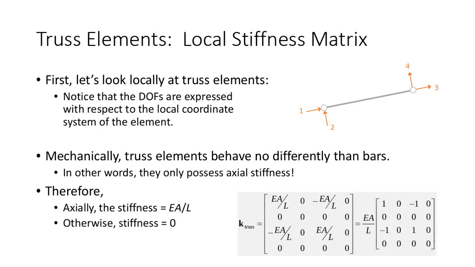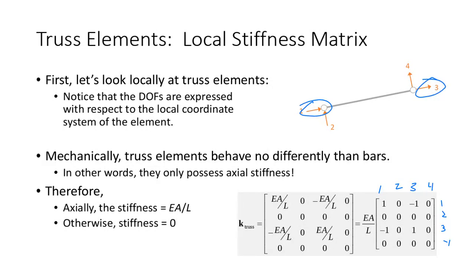But does this make sense? And the reason why I've got it written like this is 1, 2, 3, 4. 1 and 3 are the ones that are along the axis.